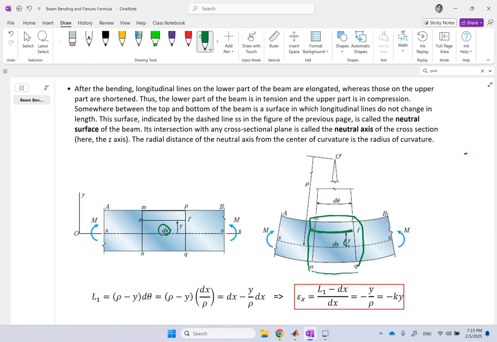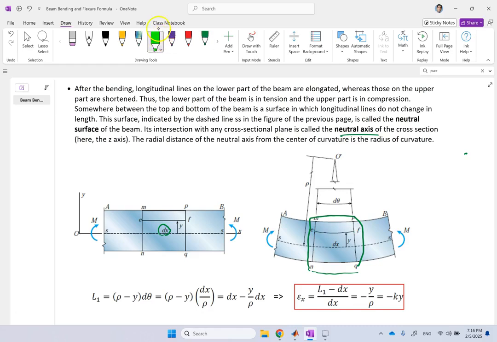It's at a height of y above this mid position. You might ask, what is this mid position? What is this arc SS? That's what we call the neutral axis, and I'm going to explain that one. But this arc that I'm going to focus on is at the height of y above this neutral axis. I'm going to focus on the deformation of this arc.